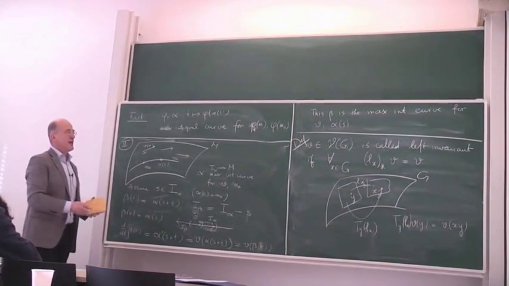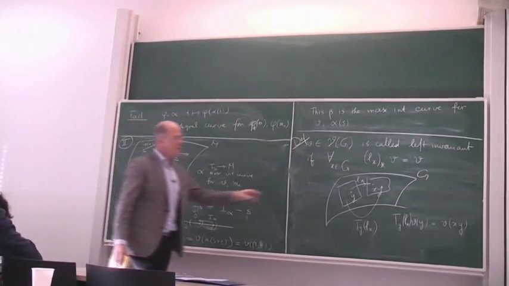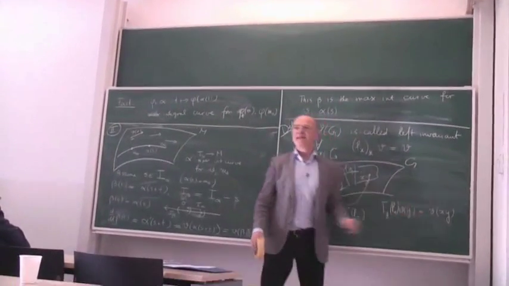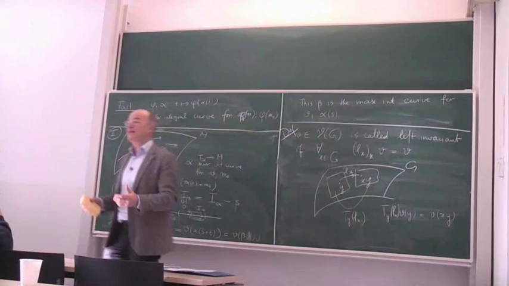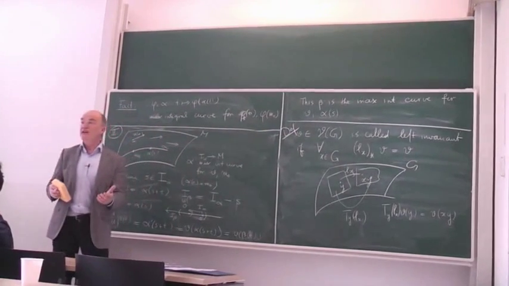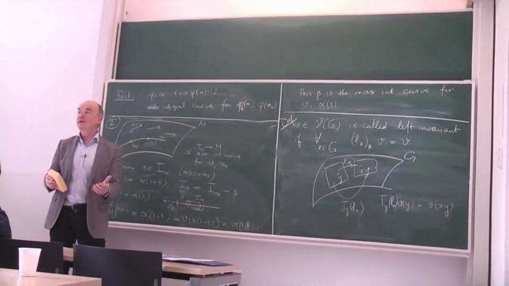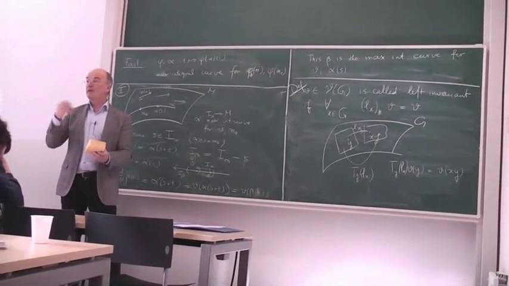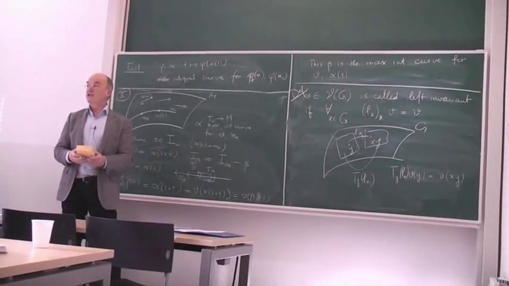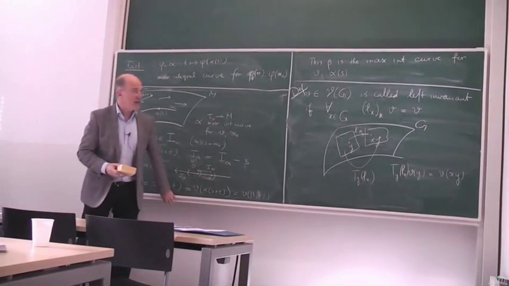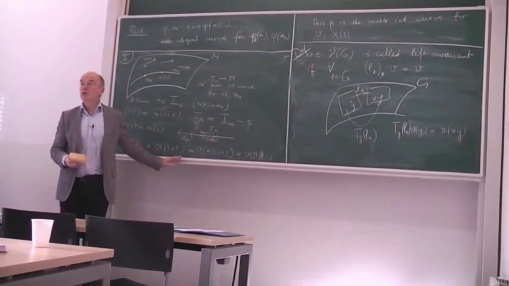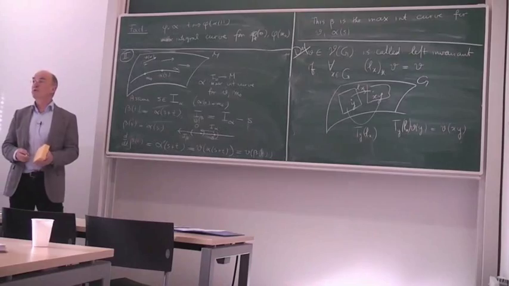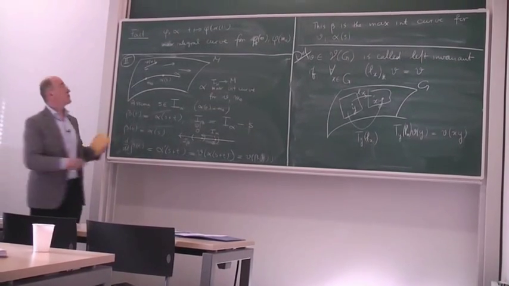So this is the definition of a left invariant vector field, and from this formula you see already that a left invariant vector field is basically determined by one particular point of the group, because all other points of the group can be reached by left translation. And then of course it's very natural to pick the neutral element of the group as our point of reference.